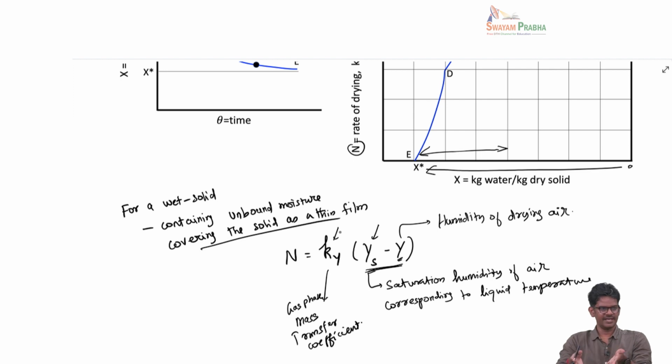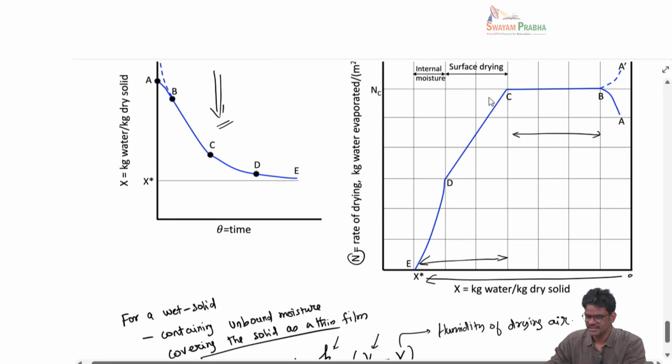okay, because all the quantities involved here can be treated as constant for certain conditions as long as there is enough moisture on the surface, okay. And that is what you see here, that the reason for having a constant drying rate is because you are talking about the drying of an unbound moisture, okay, exerting a vapor pressure equal to the pure water, and here the mass transfer rate is limited by the gas phase.